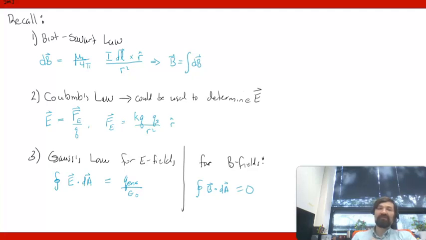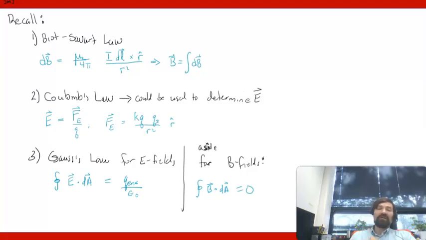But that's kind of an aside at this point. It's actually a fairly important law, Gauss's law for magnetic fields, but for this video it's an aside.